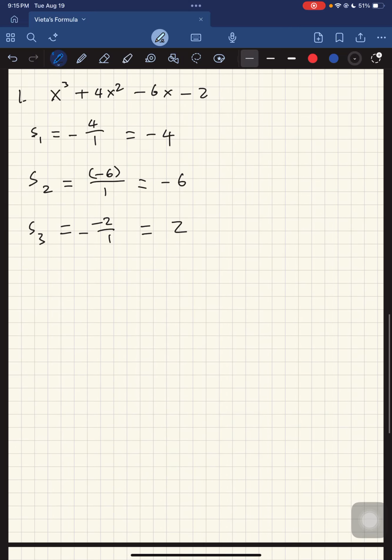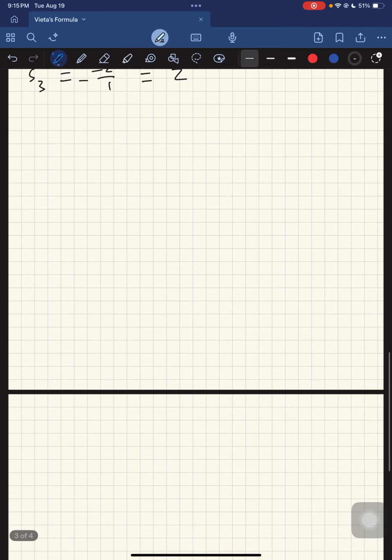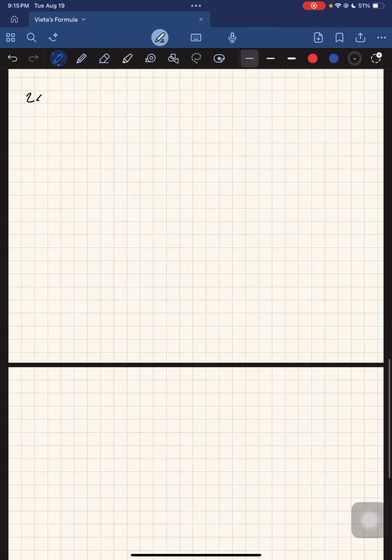So this is problem 1. Now let us move on to problem 2. For problem 2, suppose we have a polynomial p(x) equal to x^4 + 6x^3 + ax^2 - 54x + c.